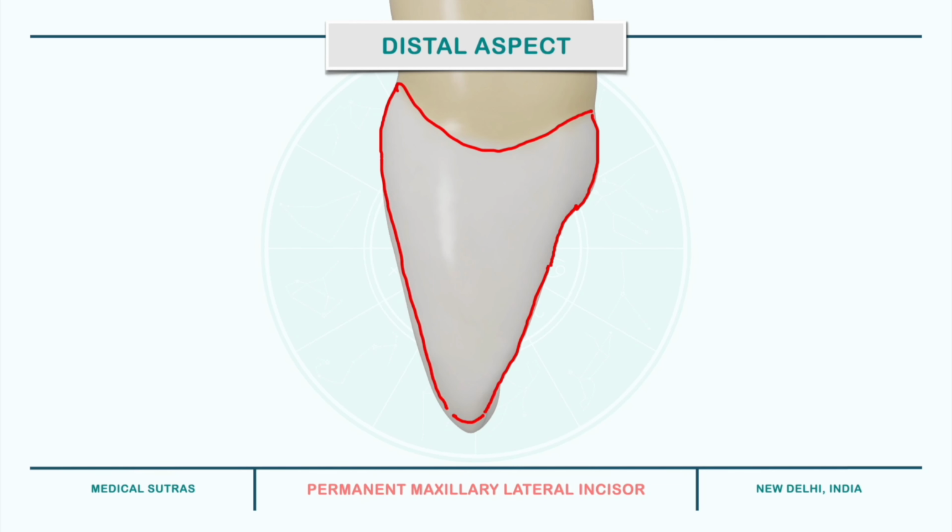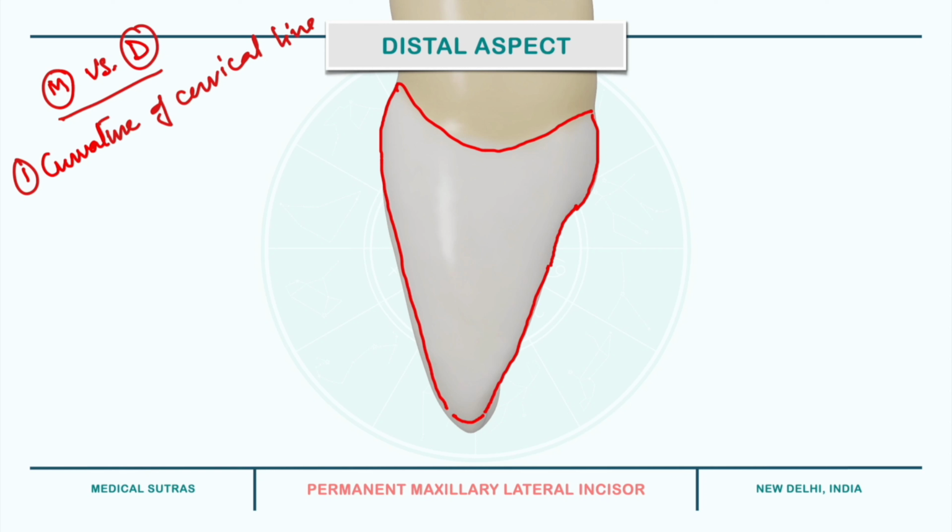The key differences between mesial and distal aspects of the lateral incisor include: number 1, the curvature of cervical line. It is 1 mm less on distal side.